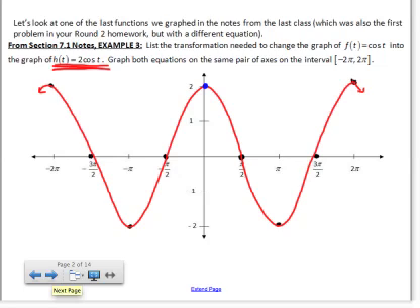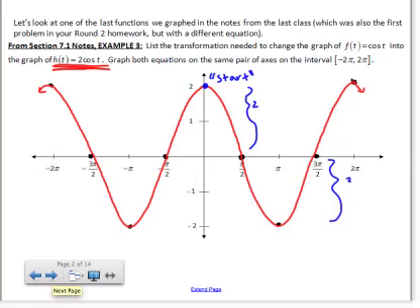So we're starting, I use "start" in quotation marks, at a maximum, and the function that starts at a maximum is the cosine function. And notice we are at a height of 2 instead of 1: 2 units above our zeros and 2 units below the zeros. That means the coefficient in front of cosine is 2, and that confirms our equation given.